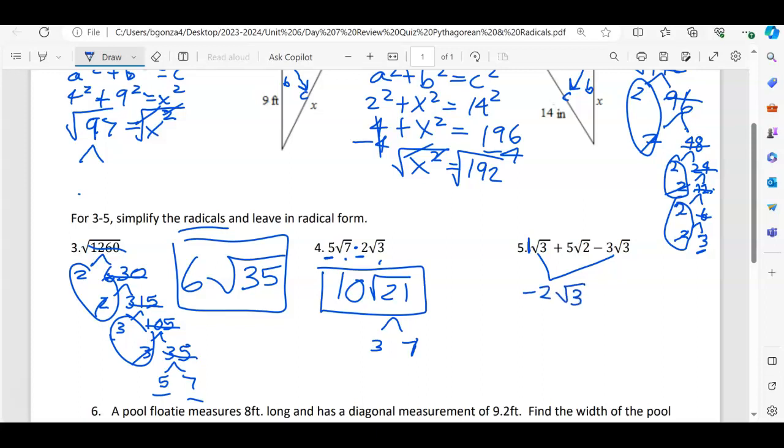Okay, square root of 3. And then this other one that doesn't match, the square root of 2, you just bring that down. So plus 5 square root of 2. Cool. That's it.